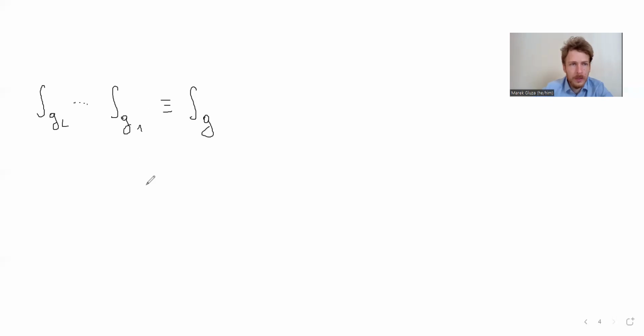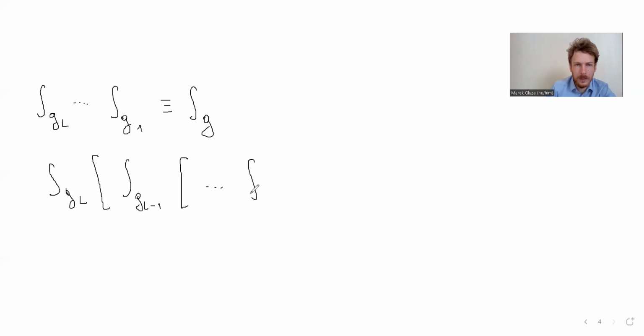Well, we saw that the integral G_L, so we could say that this is a nested composition of G_{L-1}, then finally, at some point, we are applying G_1. And here I'm taking the integral of G^mu, some Grassmann word.